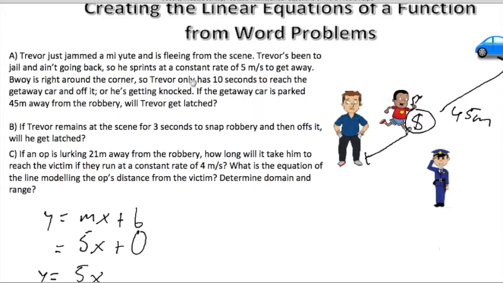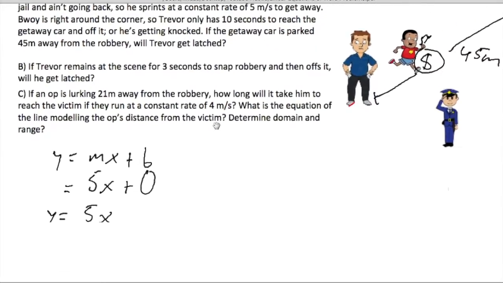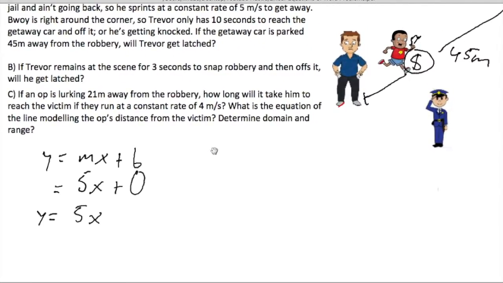Alright, so now we know that Trevor has 10 seconds to reach the getaway car and get off, and the getaway car is 45 meters away. So Trevor has to run at least 45 meters in 10 seconds. So now, since we have time, which is our x value, we can find our y value. We can just sub in y equals 5 times 10 seconds, because he's running 5 meters per second.